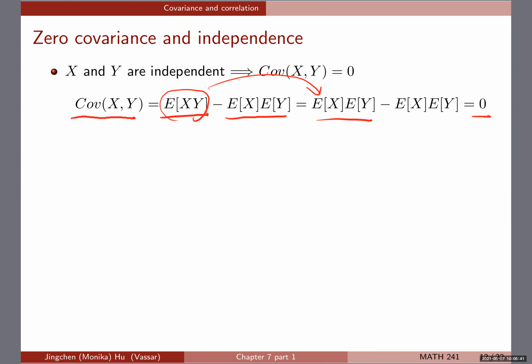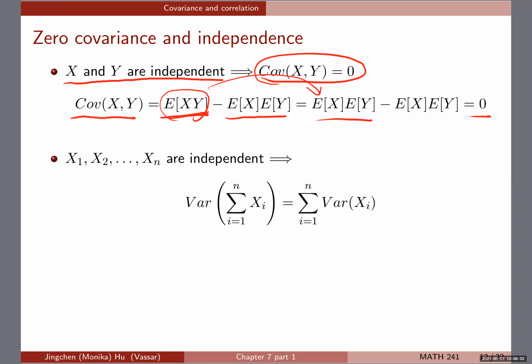So what this tells us is that if x and y are independent, then their covariance is zero. The reason is that we're able to break the expectation of the product into a product of the expectations. And we're further able to extend this to n different random variables.